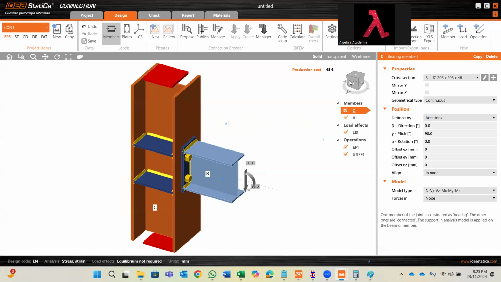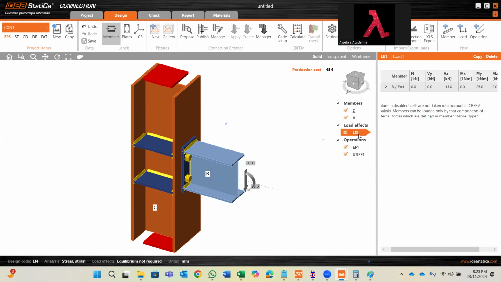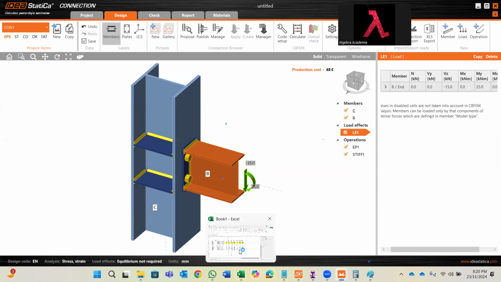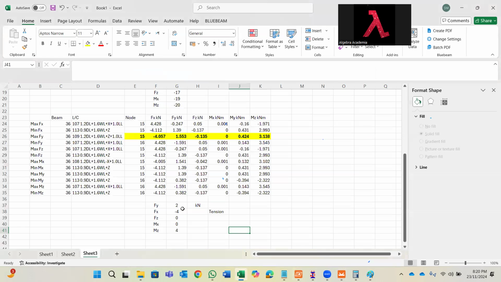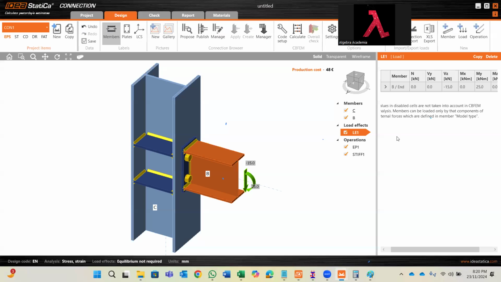So I've changed the section sizes. Let me go to the forces before changing the base plate. See the tension, which I'm getting, is -4.